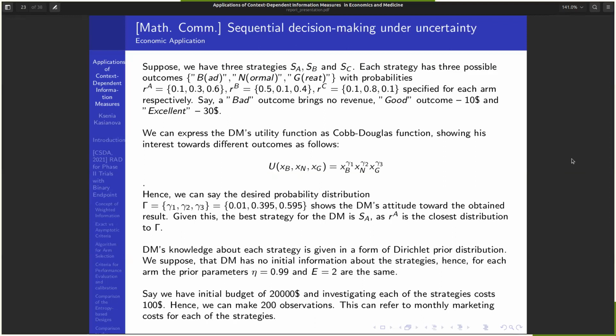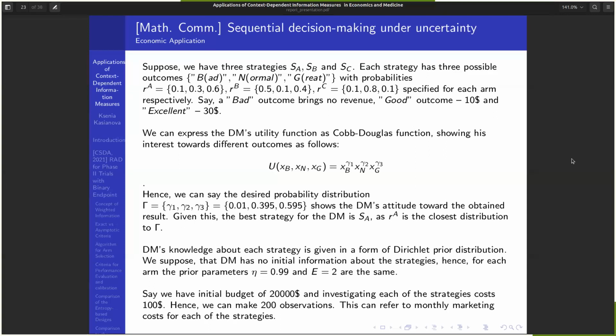Here it's gamma. And let's say that this decision maker, the firm, wants to have excellent results in 60% of cases, and he is okay with good outcomes in approximately 40% of the cases, and he doesn't want bad results.